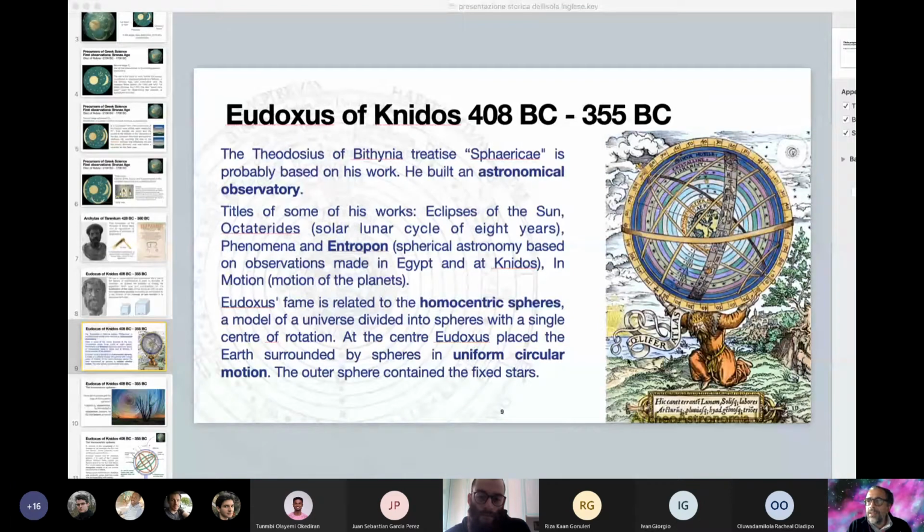This is a schematic drawing of the Eudoxus model. At the center, Eudoxus placed the Earth, surrounded by spheres in uniform circular motion. The outer sphere contained so-called fixed stars. You know, there are some stars whose relative distance is always the same as observed from the Earth.